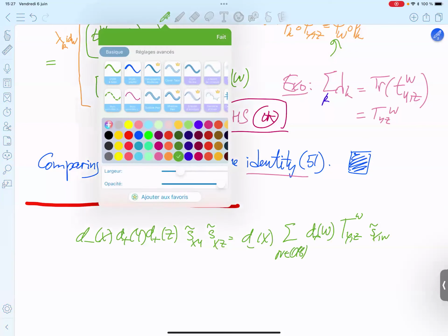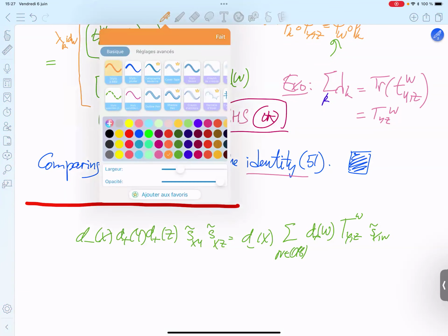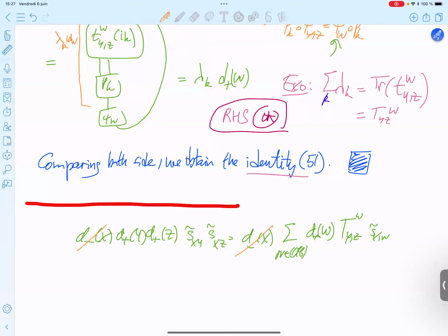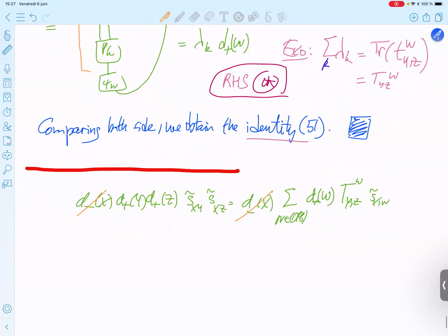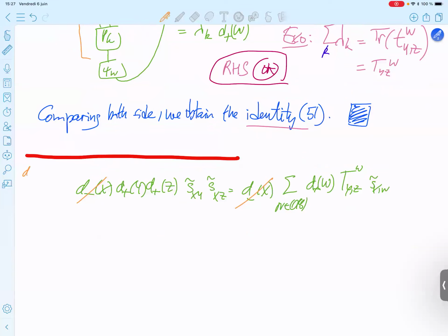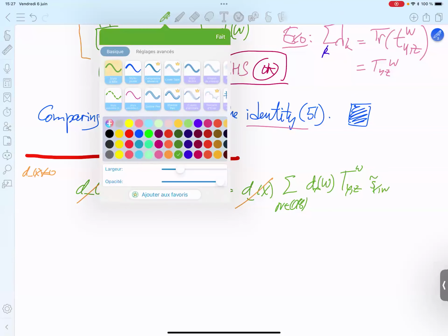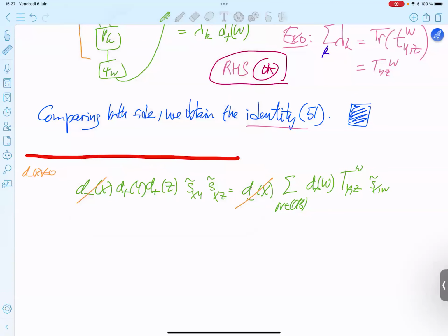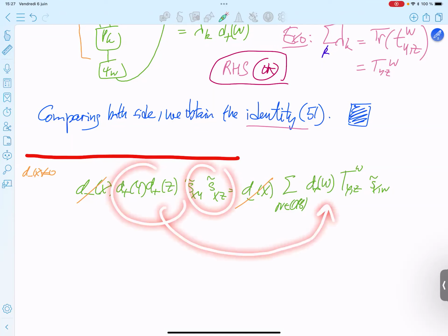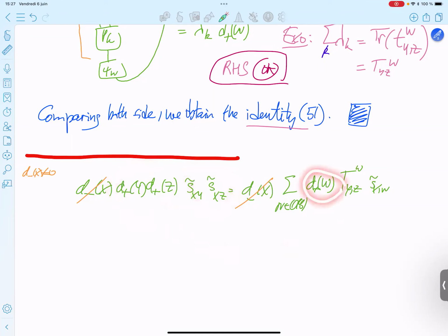And then you can simplify this one with this one. It's non-zero. So d_1x is non-zero. So you can put together this and this, you put it there. So you get the renormalization we discussed yesterday.